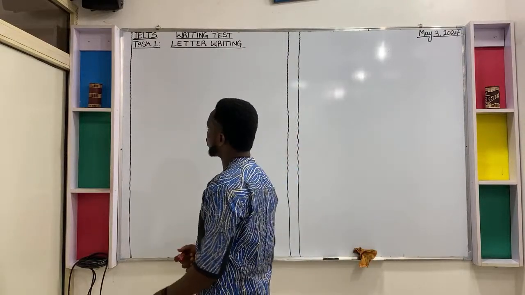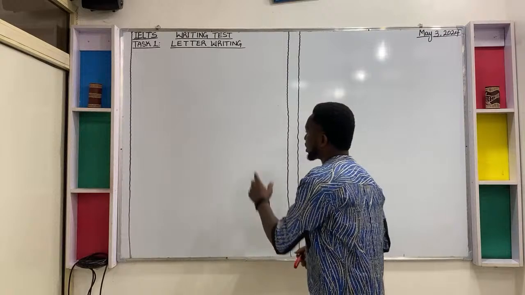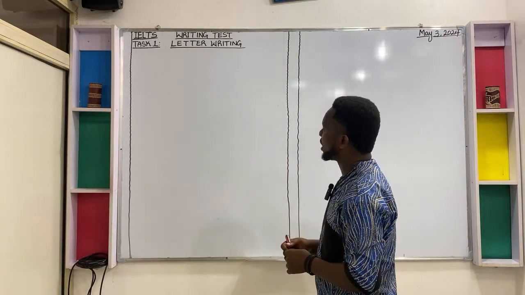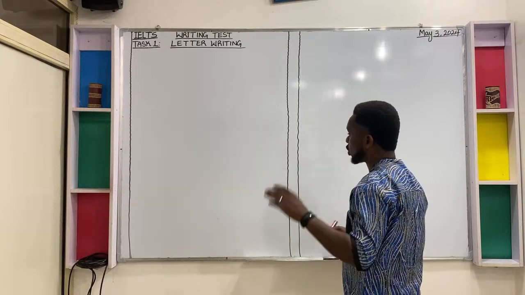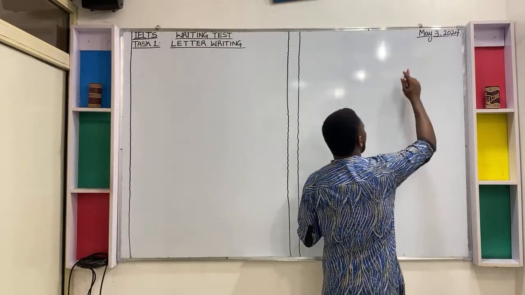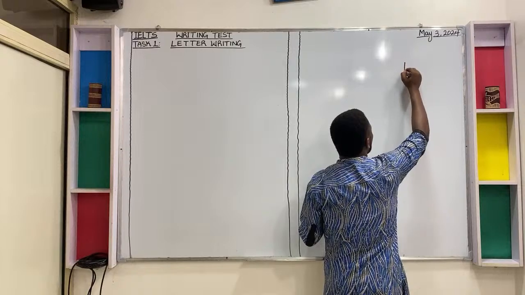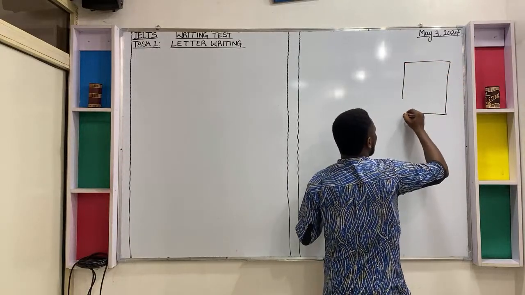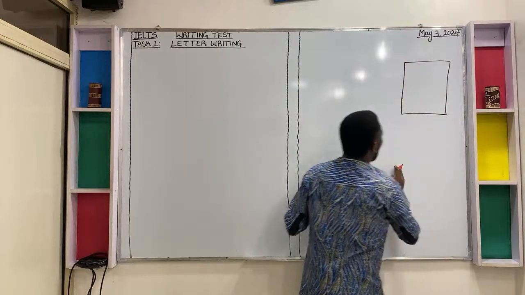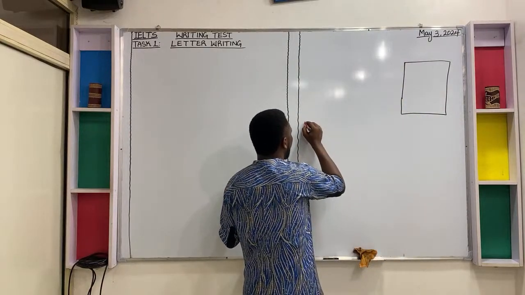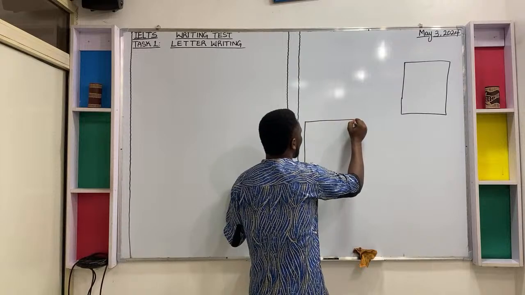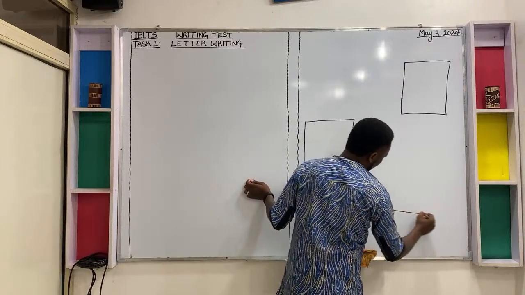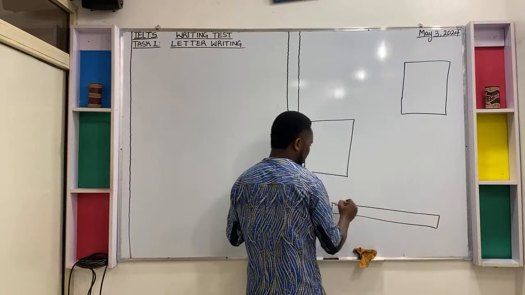But before we get into those types of letters, let's understand that when you are writing your letter, normally, perhaps when you are treating a semi-formal letter or a formal letter, there is usually something you write by this side of your paper, and there is something you write by this corner of your paper, and there is usually something you write at this point.